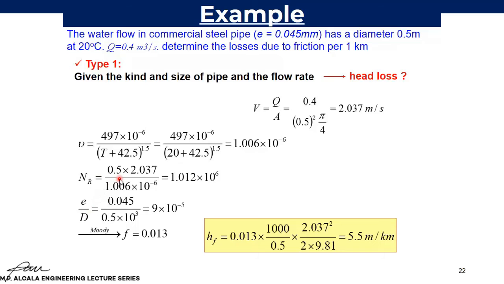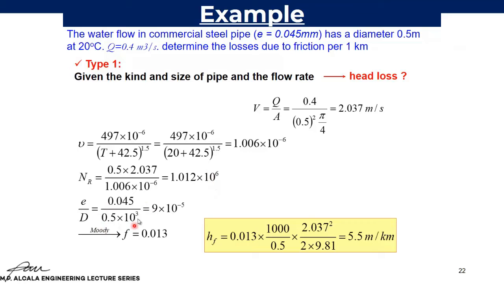What is this? Velocity, the 2.037, multiplied by the diameter over the kinematic viscosity, 1.006 times 10 to the negative 6, gives us about 1 times 10 to the 6.